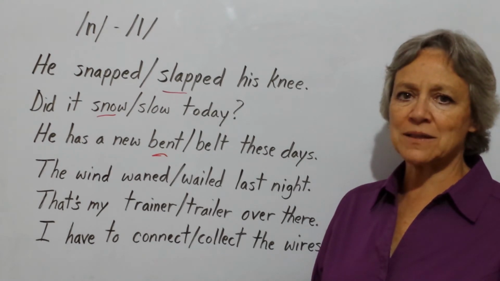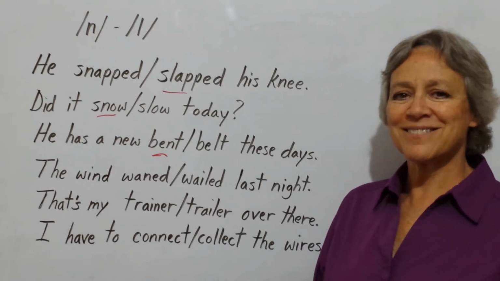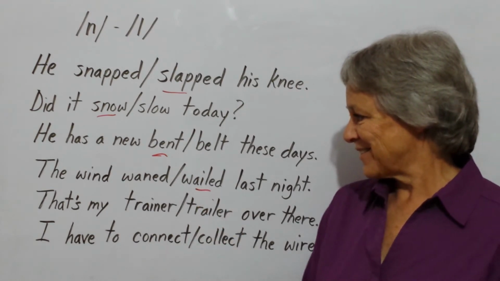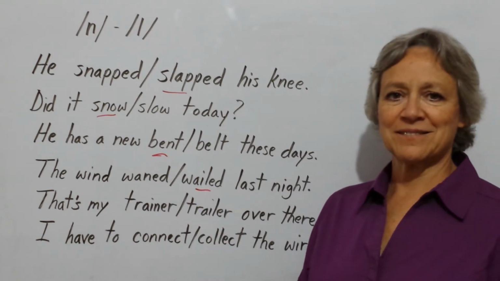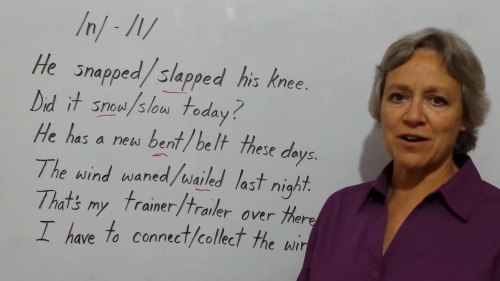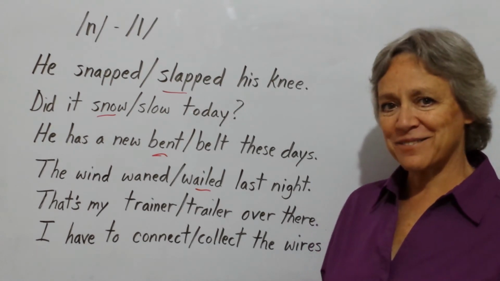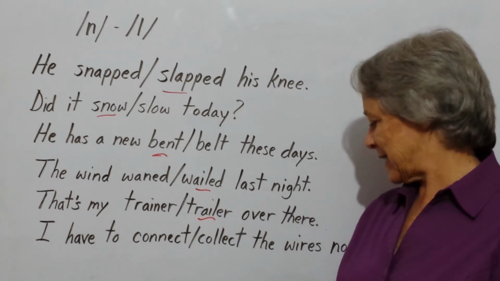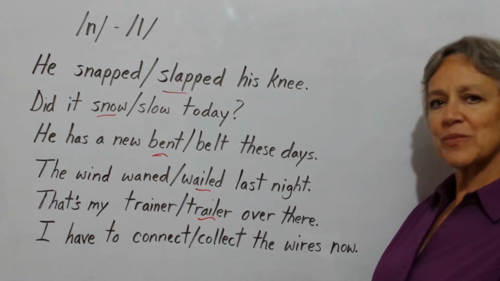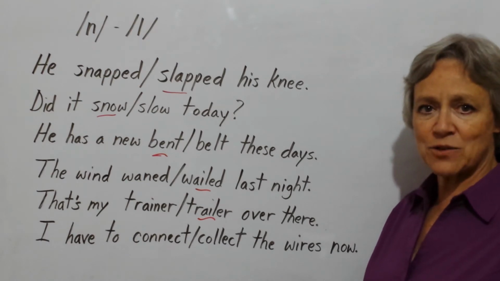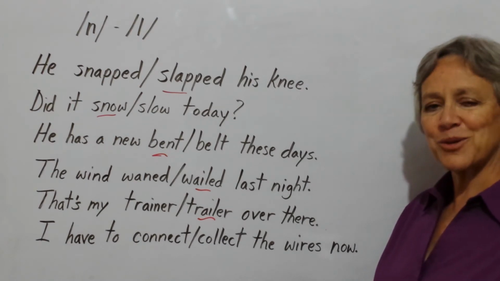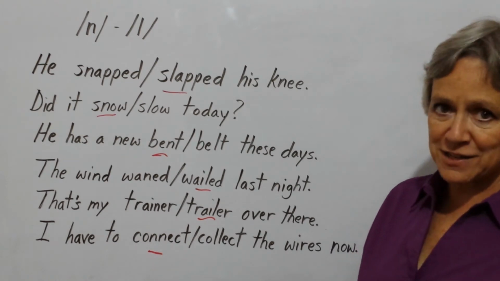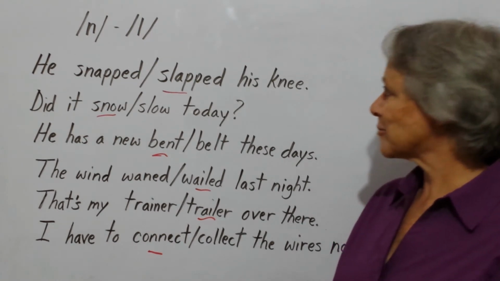The wind wailed last night. Which one? Wailed. That's my trailer over there. Which one? Trailer. I have to connect the wires now. Which one? Connect. All right, now I'll read the sentences with the answers.